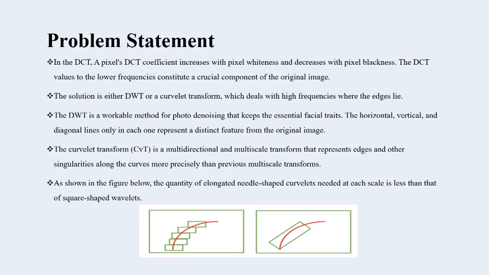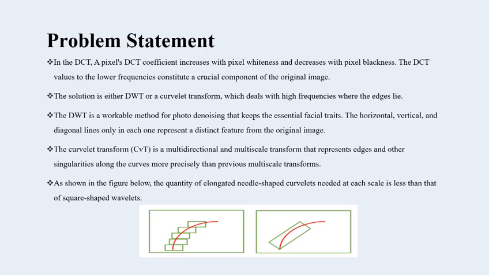The solution is either discrete wavelet transform or a curvelet transform, which deal with high frequency where the edges lie. The discrete wavelet transform is a workable method for photo denoising that keeps the essential facial traits.